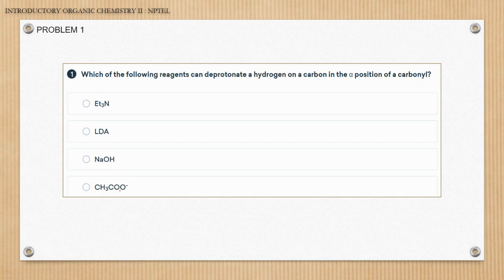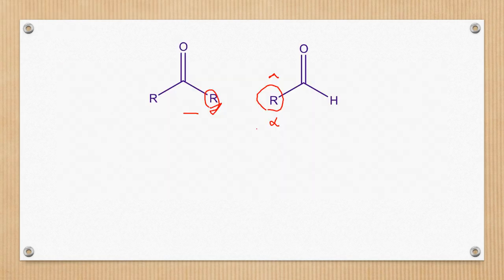First of all, I want to tell you that this alpha hydrogen of carbonyl compounds is not that acidic, and that's why the pKa value for this is high. I told you about the pKa and Ka relationship. If the pKa value is high, then the Ka value is low, meaning the acidity of that proton will be low.